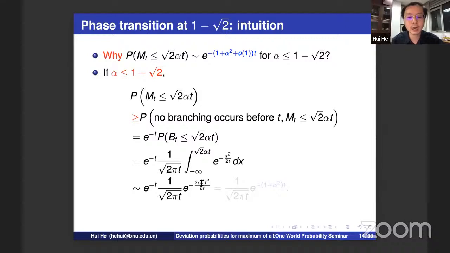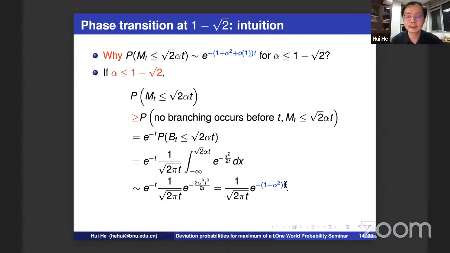So you get 2 alpha square t square over 2t here. Then again, you cancel 2 and 2, you cancel t and t square, you get alpha square t left. Remember that there's another e to the minus t before, so you get this function: 1 over square root t and e to the minus (1 plus alpha square) t.